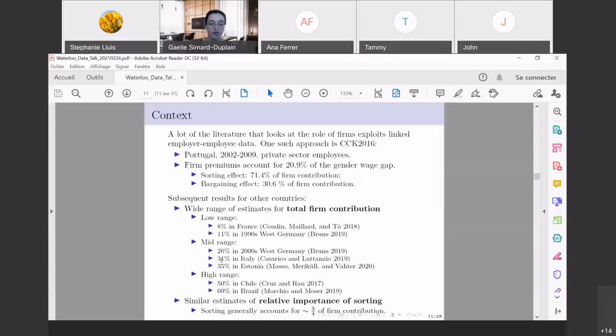We fall somewhere in the middle, at I think 23%. However, in different countries, the role of sorting has generally been found to be important, at around 70-75% of the total firm contribution. As I mentioned, we find a relatively larger role for bargaining.